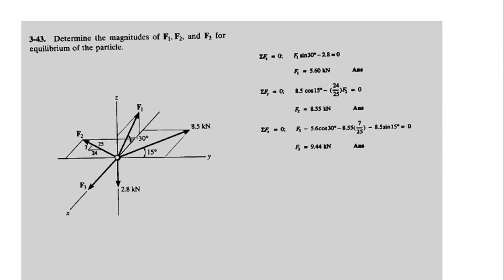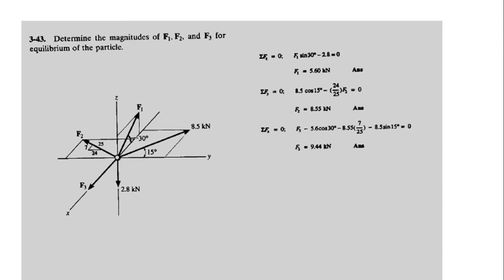You apply sigma Fy. When you apply sigma Fy, you will get 8.5 cos of 15, and then basically you will be getting F2 for sigma Fy will be equal to minus 24 upon 25 times F2, which is equal to 0. You get F2 equals 8.55 kilonewton.